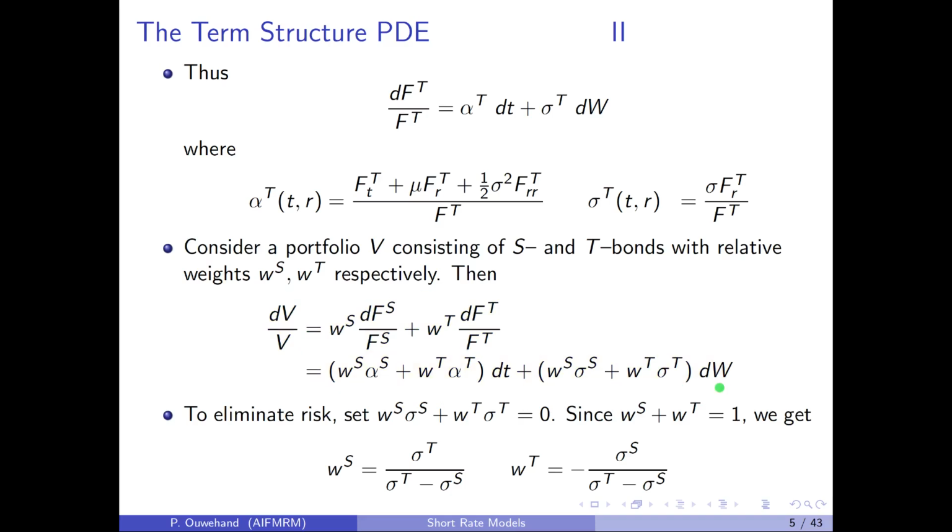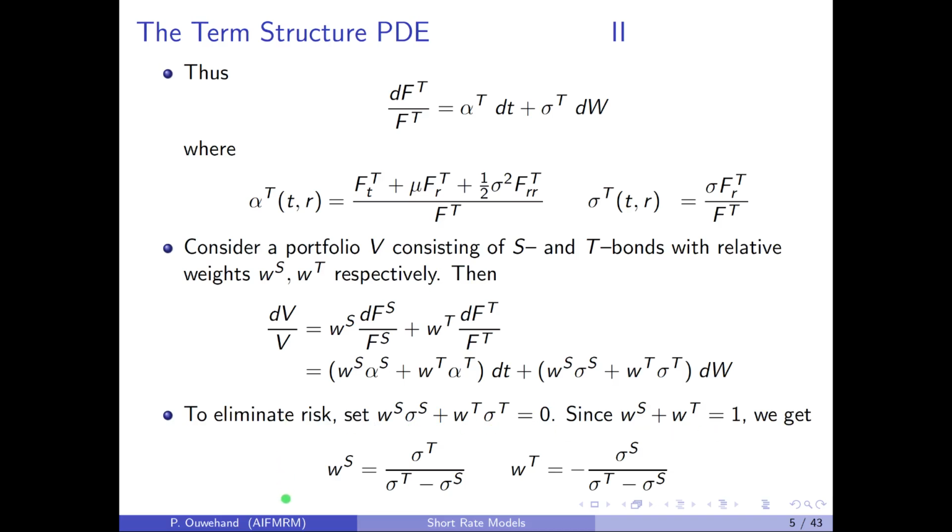Now we'd like to make this portfolio locally riskless. In other words, we would like to remove the Brownian component. And thus, in order to eliminate the risk, we must set this expression here equal to 0. Since the weights also add up to 1, we have two equations in two unknowns. The unknowns are Ws and Wt.